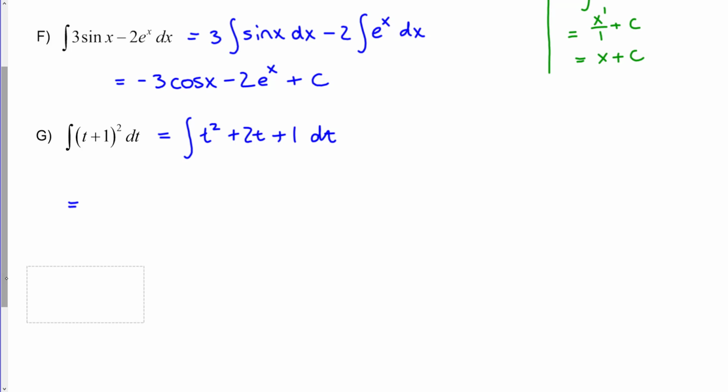So this would be t to the third over 3 plus 2 times t squared over 2 plus t, and then still plus an arbitrary constant. And the only thing to do in the end is just simplify any constants that you have here. So I'll express this 1/3 t to the third power. These 2's are canceling, so that's just plus t squared plus t and plus c.